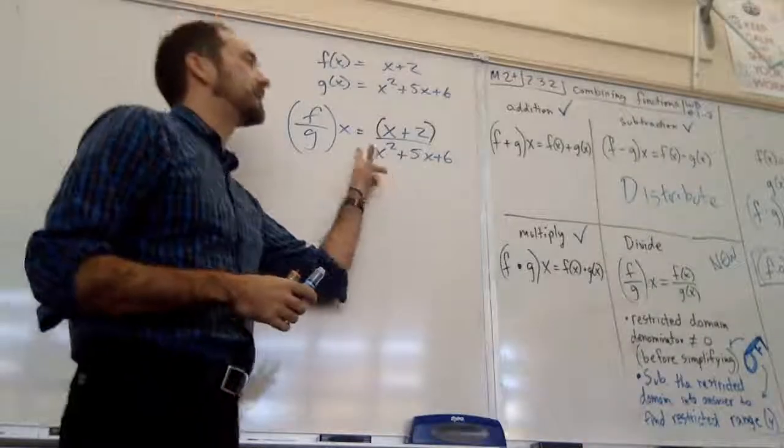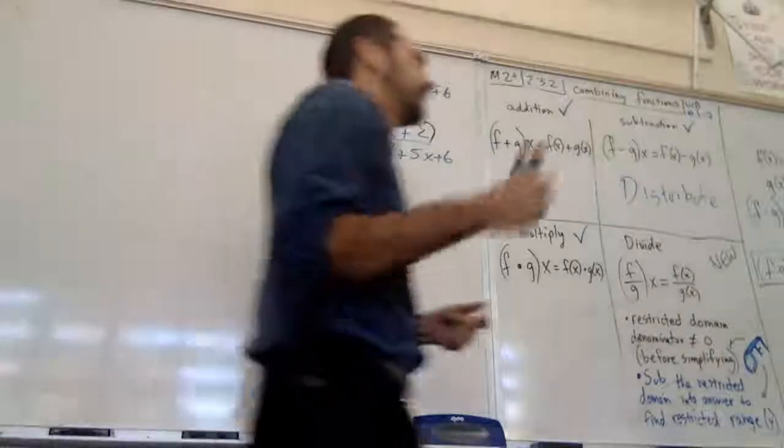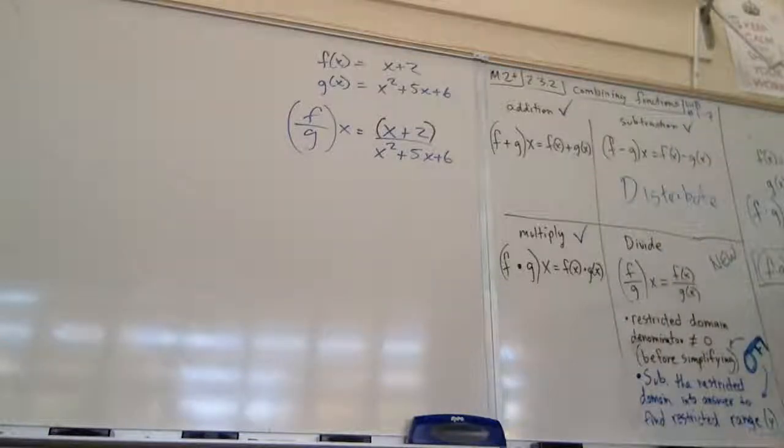What are we going to do with this bottom? The denominator? We need to put it in a different form to take our next step. What do you think? Tell your neighbor.